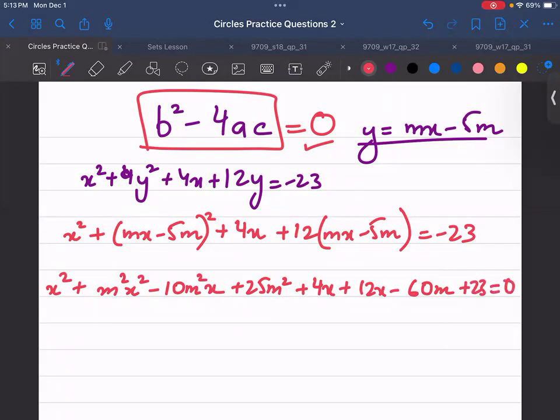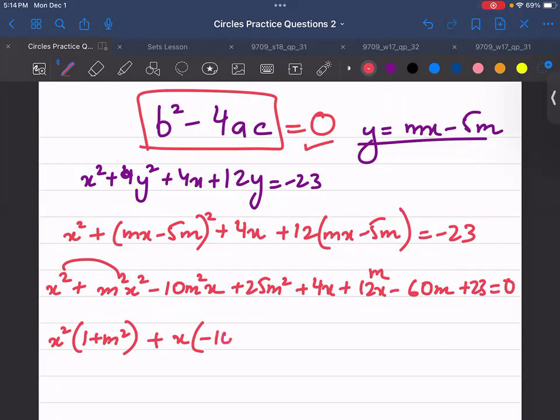Now simplifying the x squared terms first, the coefficient of x squared will be 1 plus m squared. Taking x common, I will get minus 12mx. Everyone, please be very vigilant with this working.